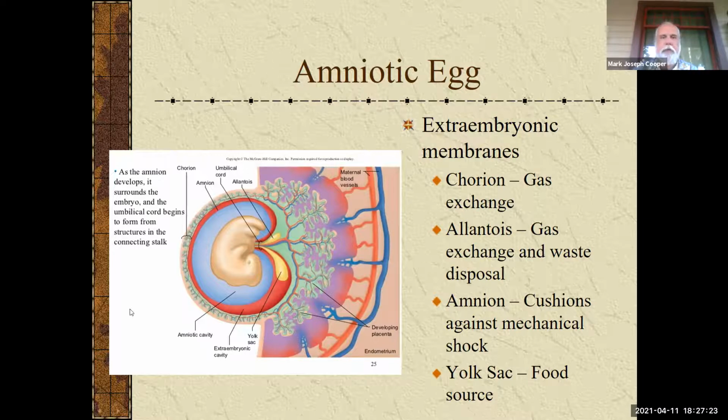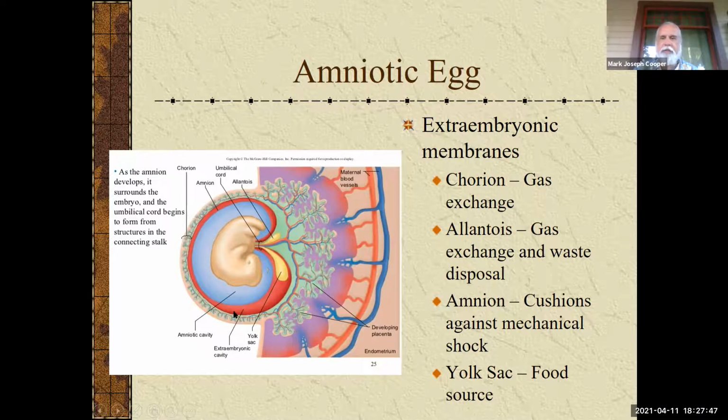But we do have lots of the other stuff. And these are what we call extra embryonic membranes. And what we want you to know is they do have a purpose. So the chorion is for gas exchange. And the allantois also does gas exchange and waste disposal. And then you have the amnion, which is actually the fluid. Amniotic fluid is inside the amnion.